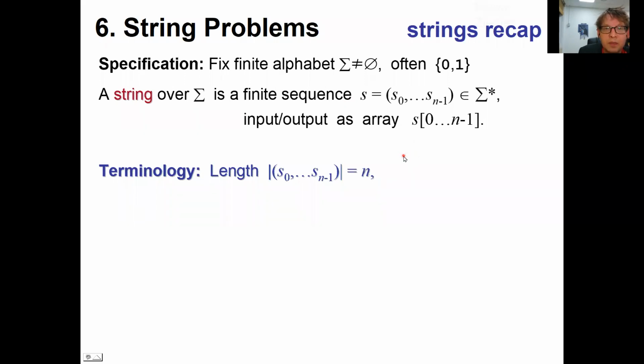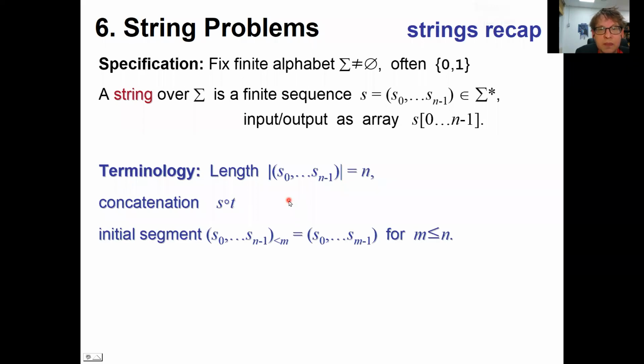And if we have two strings, then we can concatenate them to form a possibly longer string, and this small circle is used to denote this concatenation operation. The initial segment of a string is denoted with this small, strictly less than m symbol attached to the string.